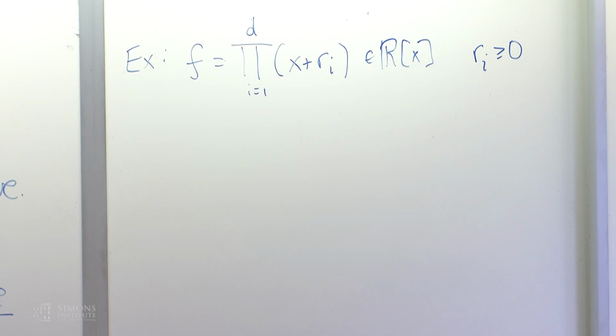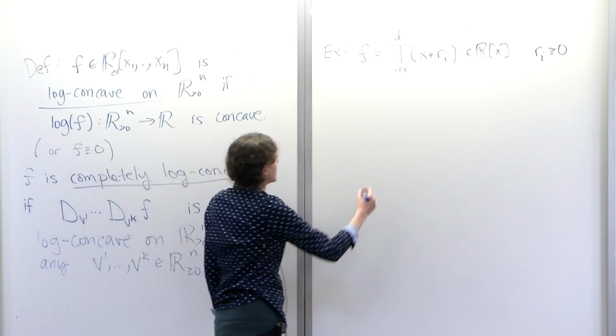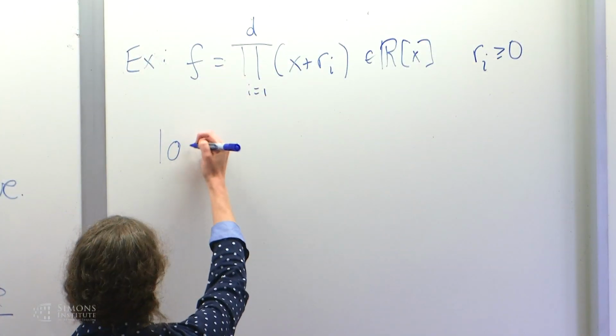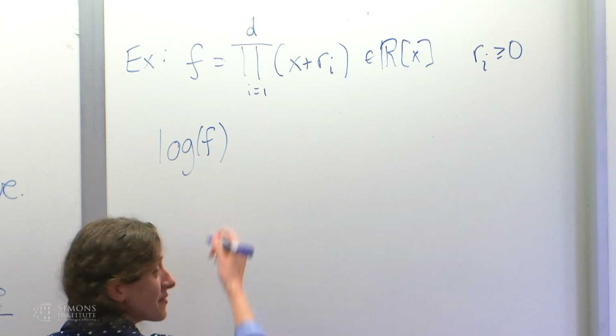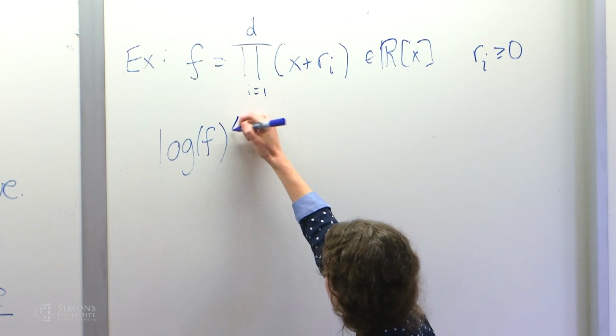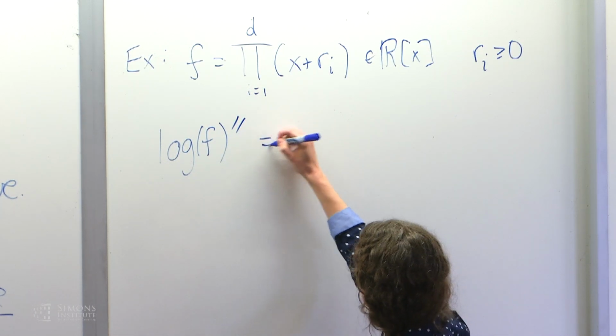There's only one direction to go in, so we don't have to worry about any of this direction nonsense. And if we try and test whether or not it's log concave, we take the log. We do not even multivariable, just single variable calculus, and we take the second derivative of the log.